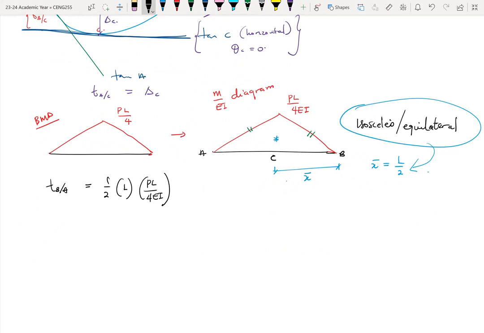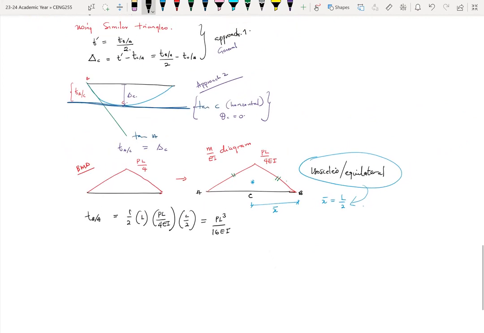We are taking moment about B, that is L over 2. So times L over 2. And this should give us PL cubed over 16EI. All right, so now we have TBA.